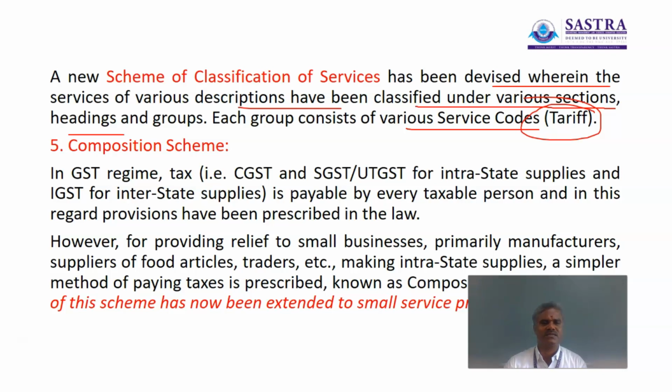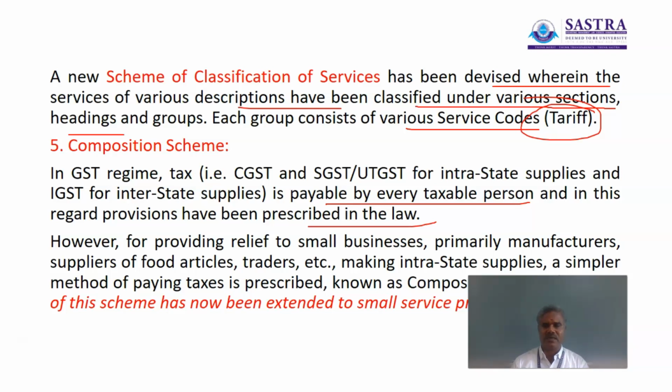The composition scheme is very, very important. In the GST regime, tax is payable by every liable person or every registered person, and in this regard, provisions have been prescribed in the law. So we have to follow the provisions, the rules and regulations.